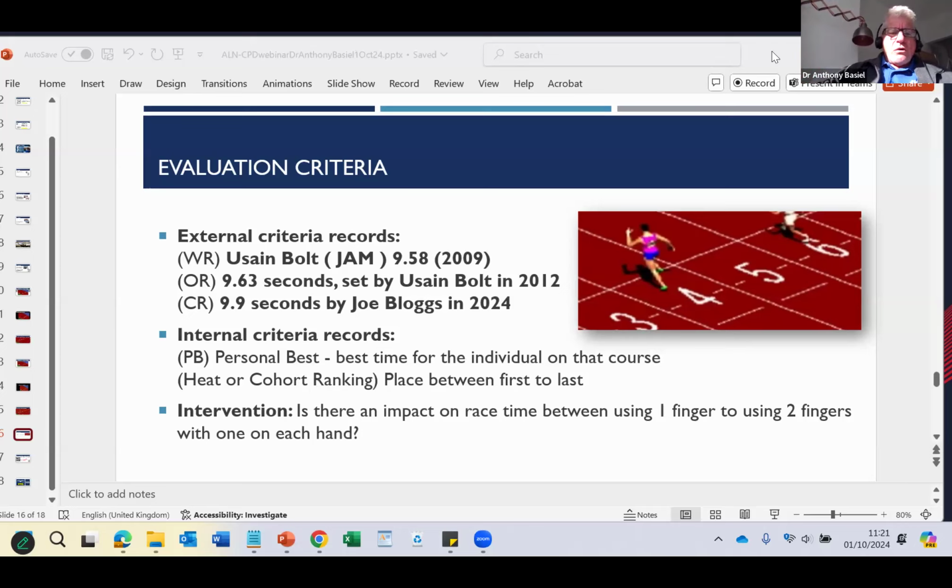All right. So when we're looking at this, what we can do is we can measure the impact. We can have data which is showing us the impact on that learning event, on that intervention, of shifting from the one hand, one finger tap approach to the two hand, two finger tap approach. So this is what we refer to as ipsative assessment, where we have that prior knowledge.